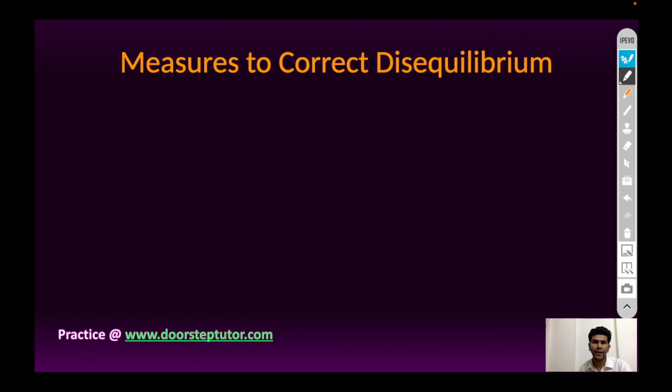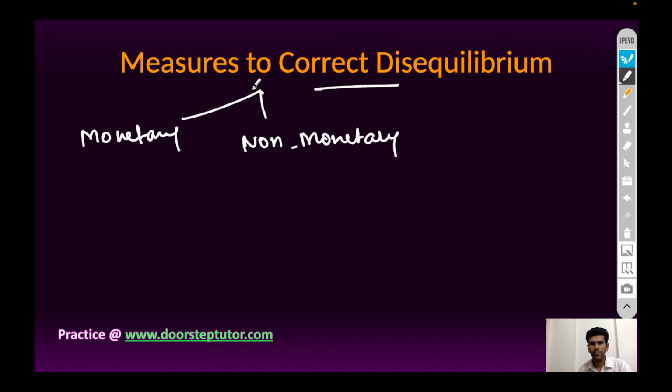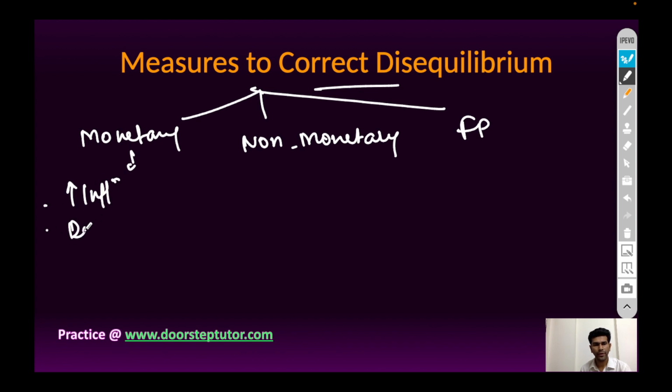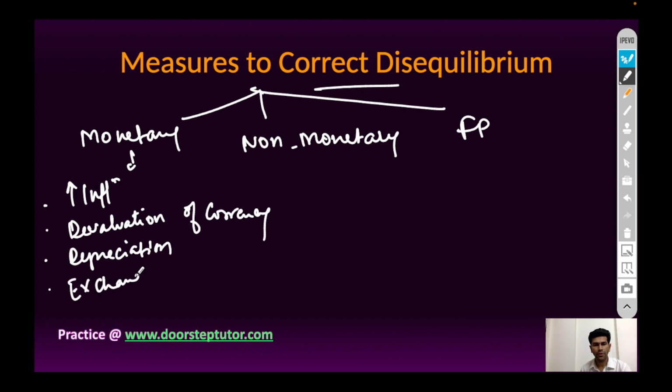What measures can a government take to correct disequilibrium? So there can be monetary measures, non-monetary measures, and fiscal policy used by the government. Monetary policy measures include increasing inflation in the economy, devaluation of currency, depreciation of currency, and exchange control by the government.